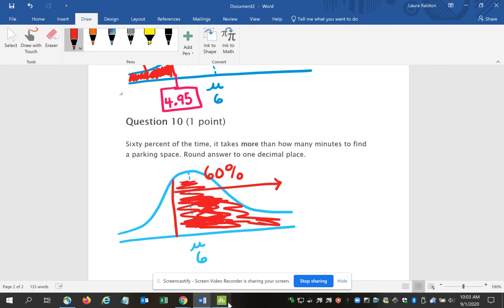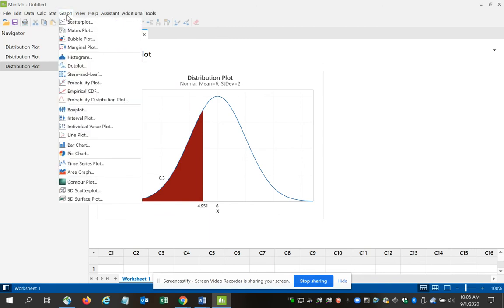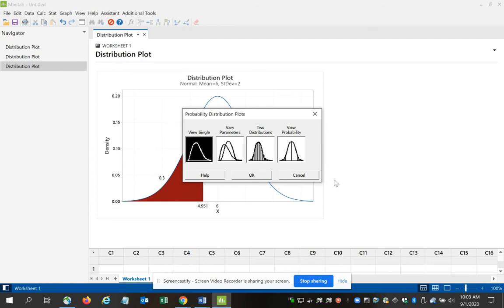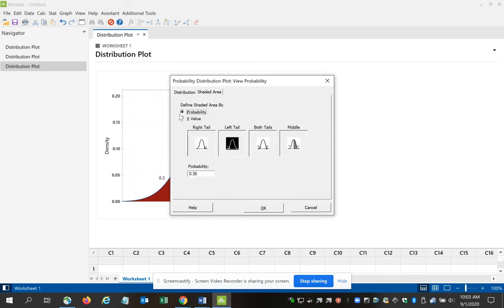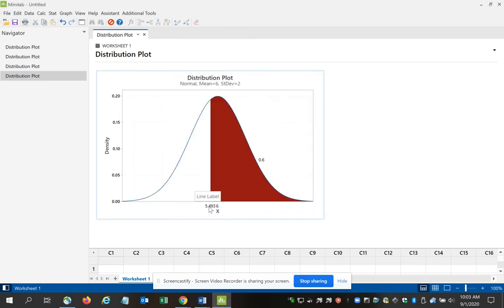So I'm going back to Minitab one more time. Graph, probability distribution plot, view probability, still a normal distribution, mean of 6, standard deviation of 2. My shaded area is defined by probability, and this time it is 60%, but it's now in the right tail because I want it to be more than the value. Then we click OK. Again, it shows that the red shaded region is 0.6.